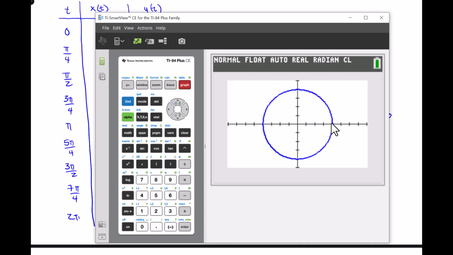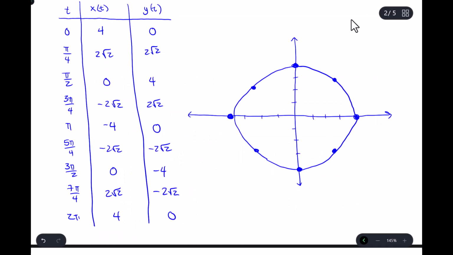Now here's the thing. The circle started here, and then it revolved this way around the axis. That's an important thing to think about here when you have parametrically defined curves. They have an inherent direction to them, okay? And it's good to actually indicate the direction of the curve with a set of arrows on the curve.